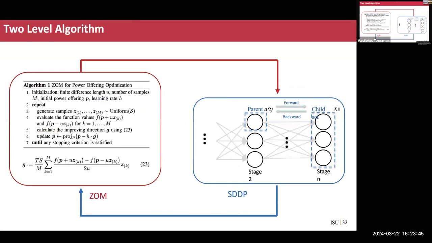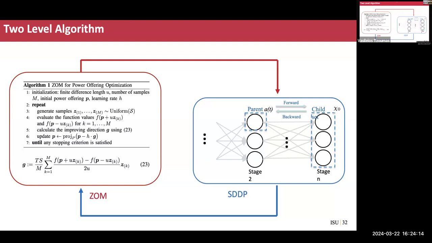In this multi-stage stochastic optimization problem, we solve an SDDP to find what is the minimum cost. And in this zeroth order problem, since we know that given a power offering, this SDDP problem is a convex piecewise linear function, we use zeroth order method to find an improving direction, to find a gradient of this function, the cost to go function.